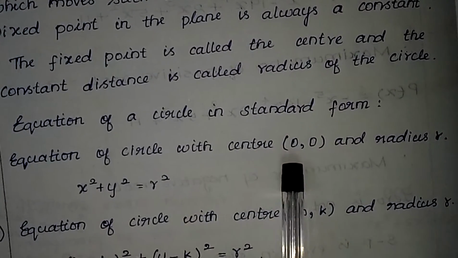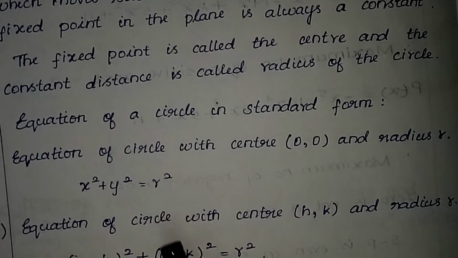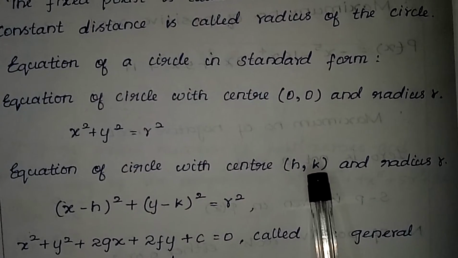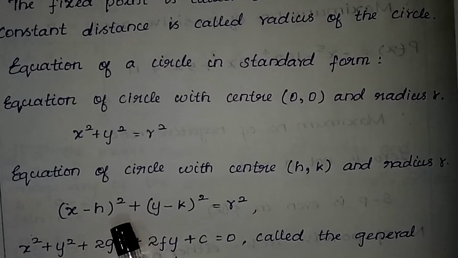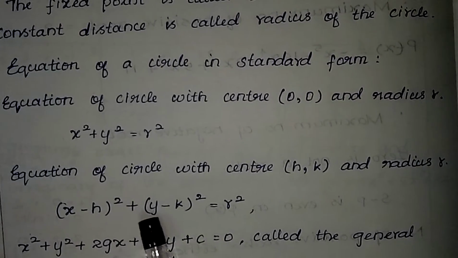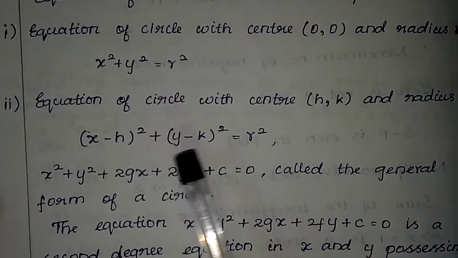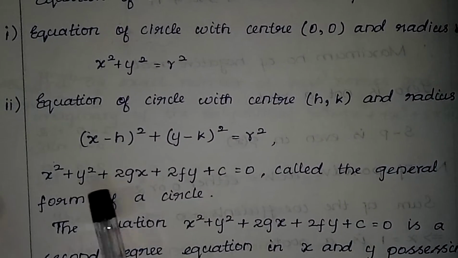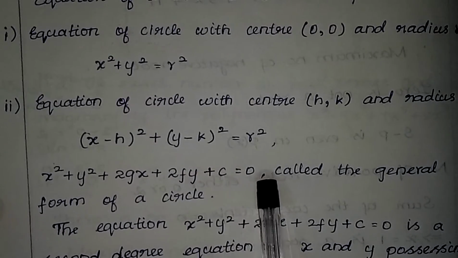If the center is h comma k, where this is not the origin, and the radius is r, the equation of the circle is (x minus h) whole square plus (y minus k) whole square equal to r square. And the third form is when we expand this and simplify, you can write it in this form: x square plus y square plus 2gx plus 2fy plus c equal to 0.